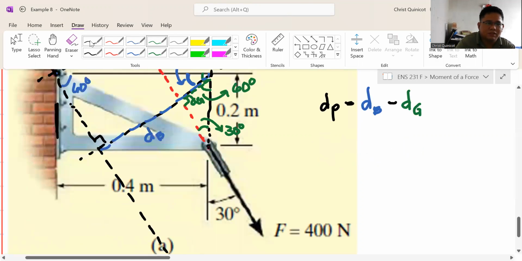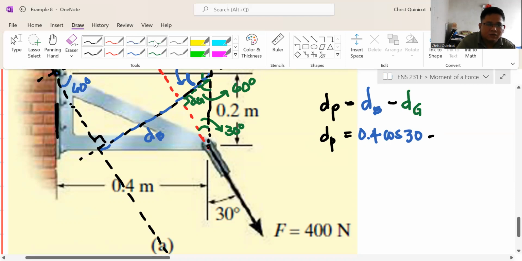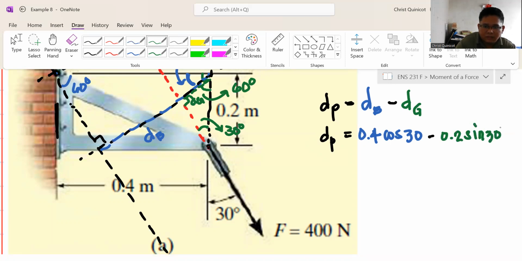If we substitute, D perpendicular is equal to 0.4 cosine 30 degrees minus 0.2 sine 30 degrees.